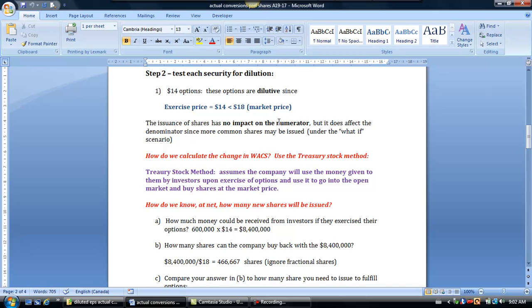So now, we already know from previous videos that the issuance of shares, had these options been exercised, has no impact on the numerator, but it does in the denominator because we're going to have to issue more shares in order to fulfill the what-if scenario had the options been converted. So how are we going to figure that out?